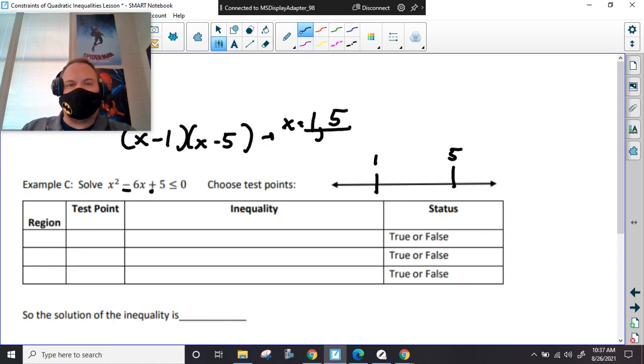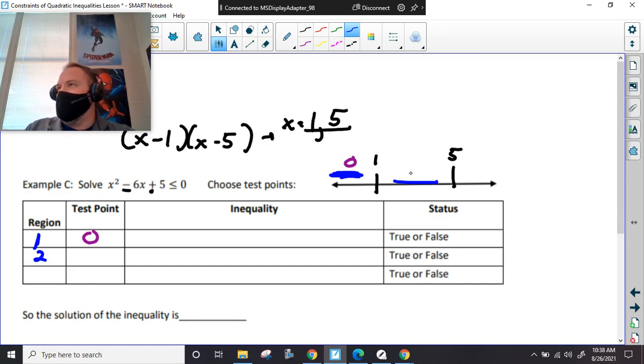For this region right here, which is 1, what's a number less than 1? 0. Awesome. That's a test point. For the one in the middle, region 2, what's a number between 1 and 5?